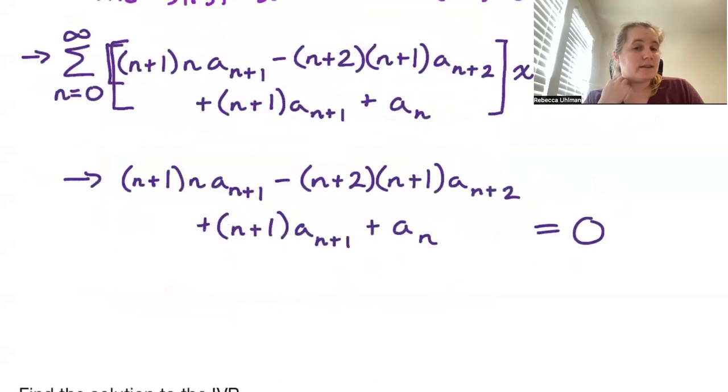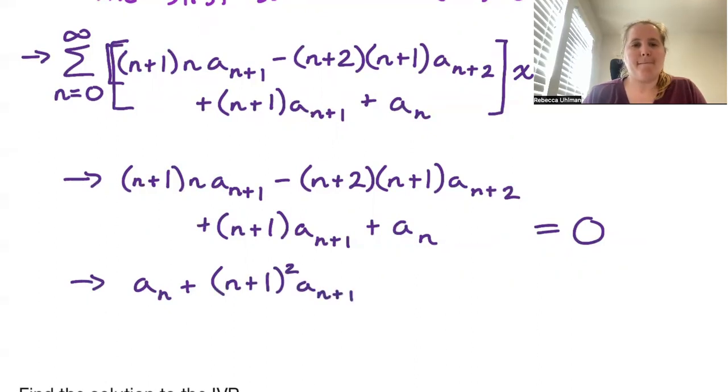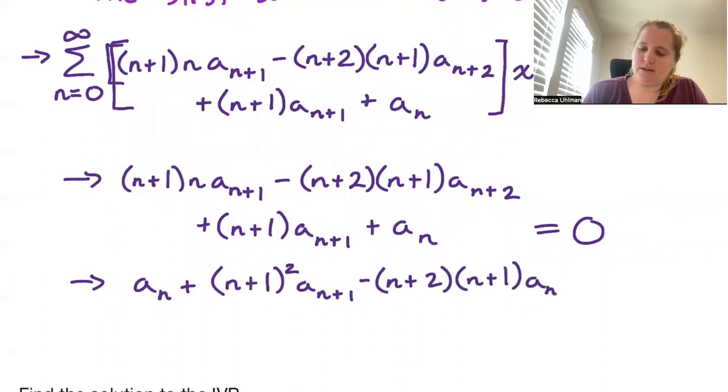We can simplify this left-hand side. We have an n plus 1 times n times a sub n plus 1 and an n plus 1 times a sub n plus 1. This actually becomes, we have our a sub n, then we will actually have n plus 1 squared times a sub n plus 1, and then we have minus n plus 2 times n plus 1 times a sub n plus 2 equals 0.